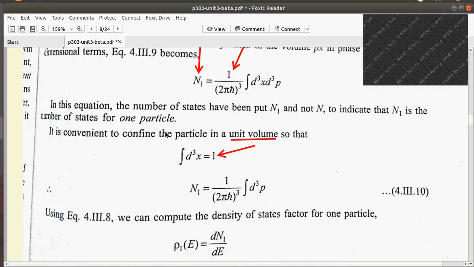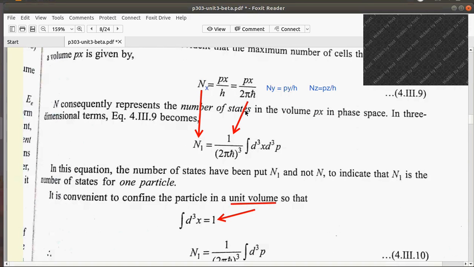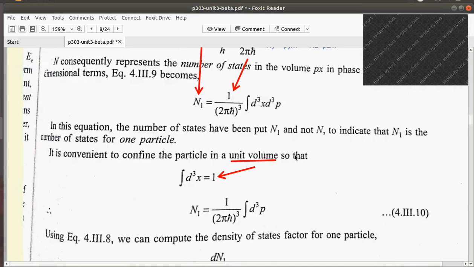Now till now the volume was what? P into x, then P into y, into P into z. So x, y, z whole cube is formed. Now in this cube, if I make the volume unit, so the whole value of the whole volume is 1, in that case if I take the integral of d cube x, it will be 1, because it is unit volume.